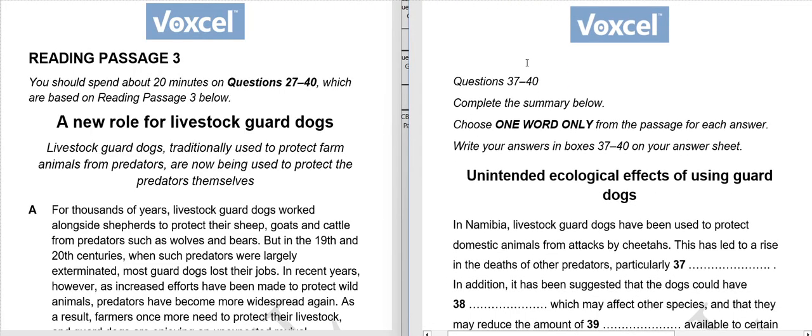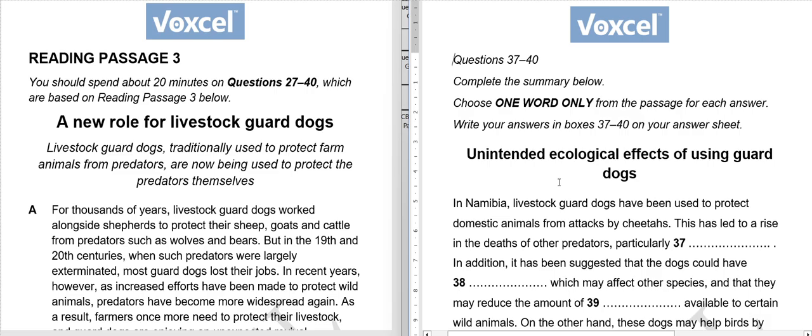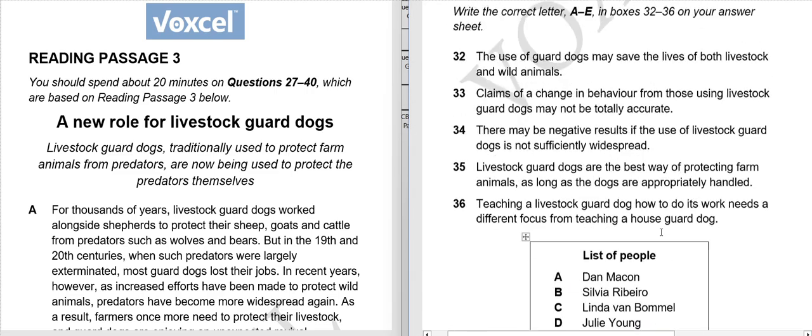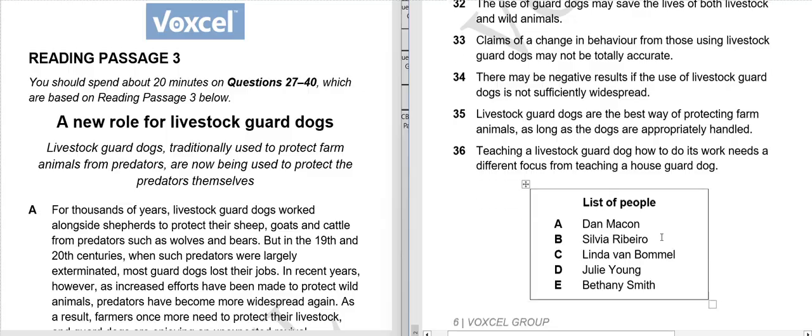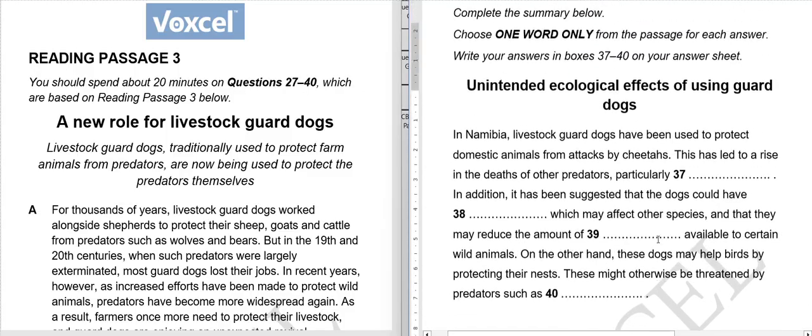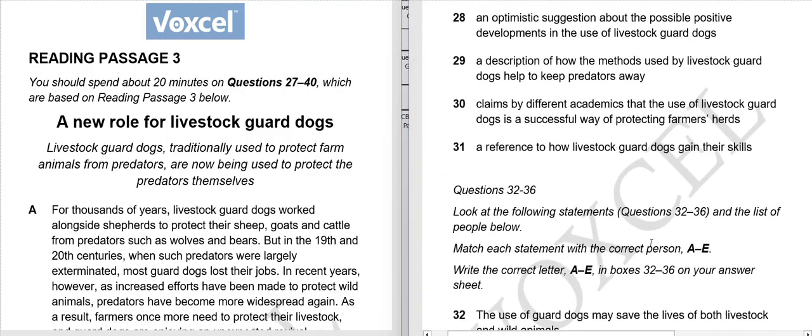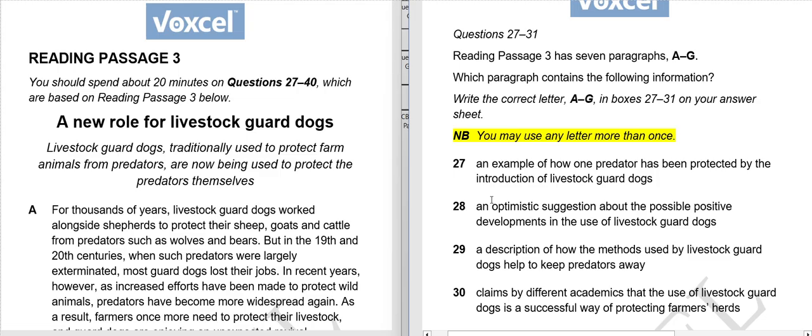Okay, for the next set of questions, we have to match a list of people with the statements, and then for the last one we have to solve blanks. In the previous video we tackled all 3 sets simultaneously, but in this one I will not do that. I will treat each question set on its merit, meaning we will treat each differently.